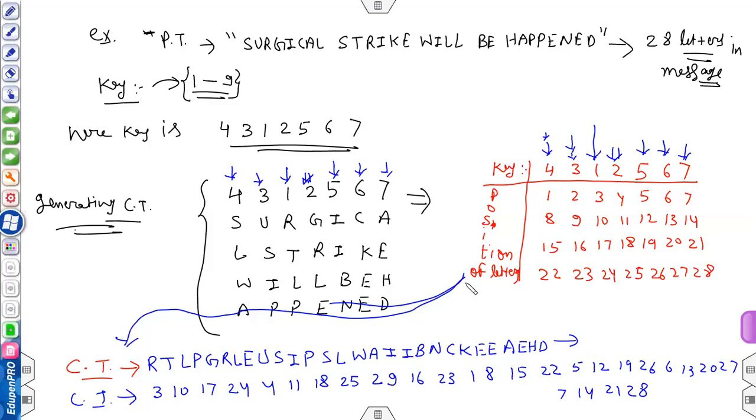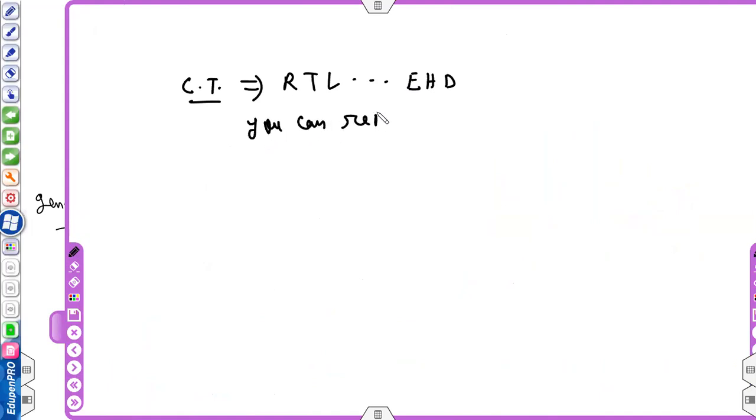I'm going back to the previous slide. The cipher text we got, I'm not writing it again; it is something like R T L, and at the end it is E H D. You can repeat the process with a different key, suppose 3, 2, 1, 7, 6, 5 and 4.